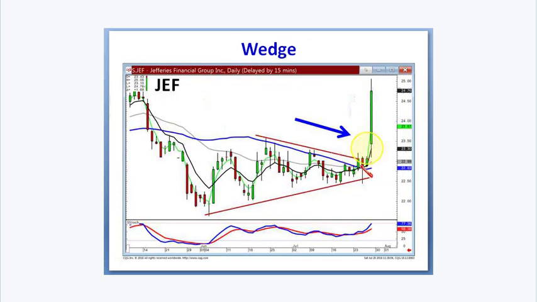So this is what we're looking for, getting ourselves into positions where when the breakout occurs, we're putting ourselves in a trade where the probabilities are not only strong that we're heading in the right direction, but we're heading in the right direction with very strong upside potential.